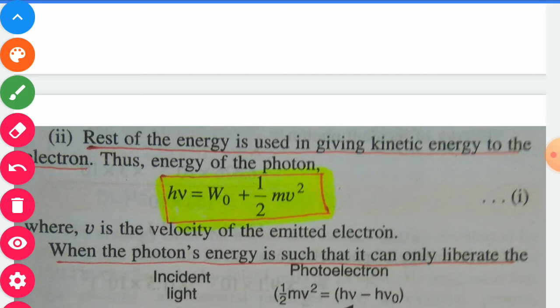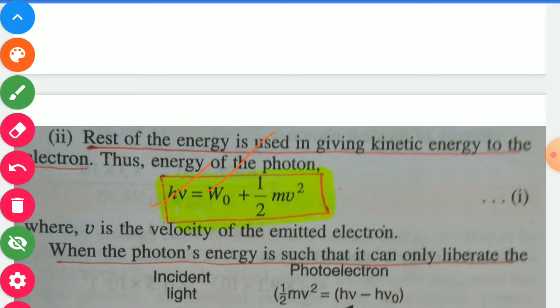In that situation, if the energy of incident light is E, and we know that E is equal to h nu, that energy is sufficient to eject the electron, which we indicate with the work function, as well as to give kinetic energy to the electron, that is half m v square.